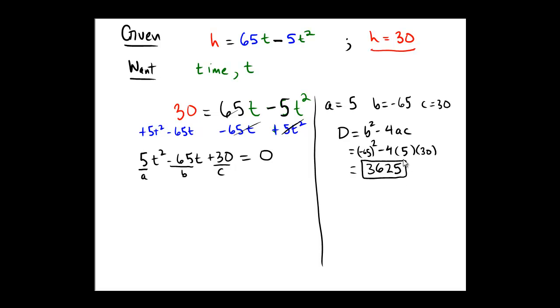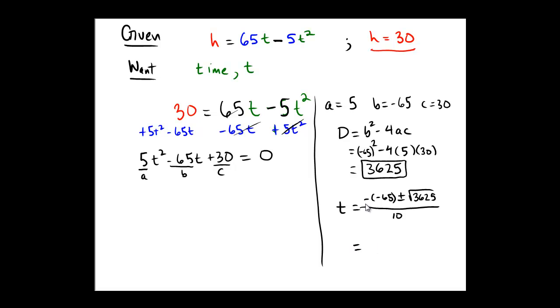Now that's not the end of the problem, that's just the discriminant. In the quadratic formula, that's the piece that's underneath the square root. So in order to find the actual solutions for this quadratic equation, we'd find t is equal to negative b plus or minus the square root of d, the b squared minus 4ac, all over 2 times a, or 2 times 5, which is 10.